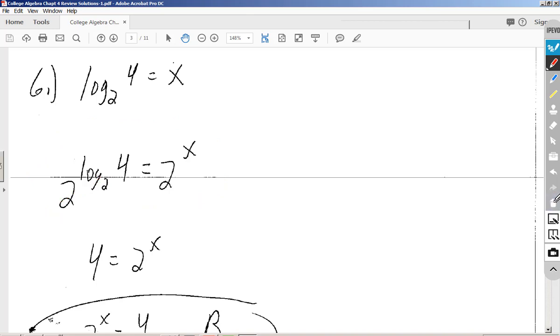Earlier in the chapter, we learned that if you just want to go from a logarithm to an exponential, you keep the same base. So here's my base, which is 2. And then you switch the x and the y, which is the definition of what the logarithm is to exponential. So I just switch the x and y, so then I get 2 to the x, all equals 4. So there's 2 ways to do this one.